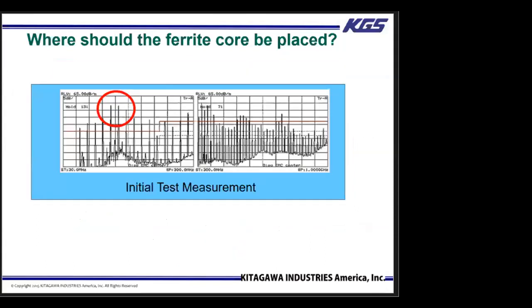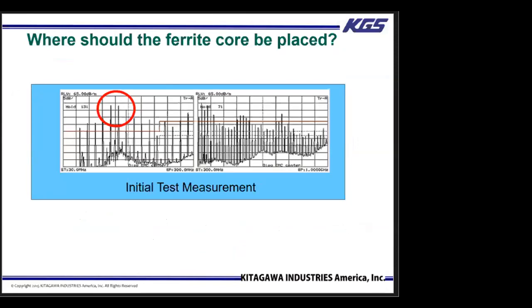The frequency with the highest level of radiated noise is where we want to suppress the most. The location that affects this frequency the most can be said to be the most suitable location to attach the ferrite core. So in this example, we would like to target the frequencies around 128 megahertz. The effect varies when we move the attached ferrite core along the cable.